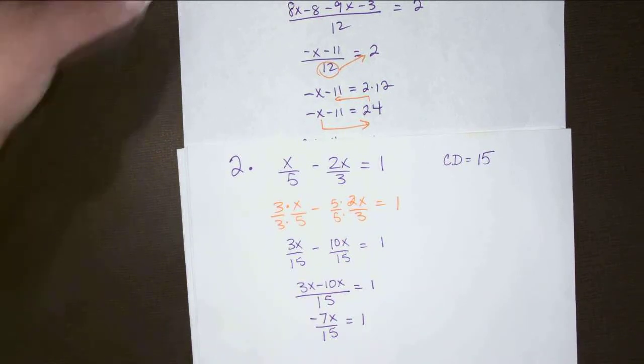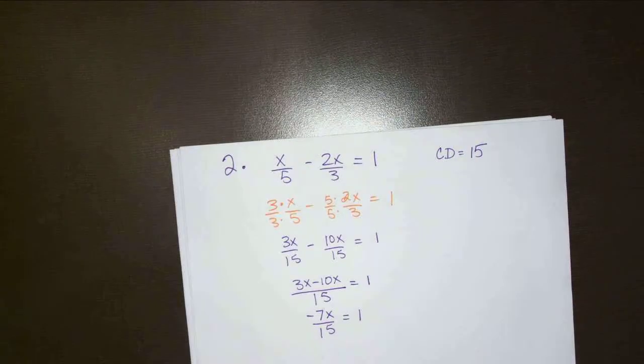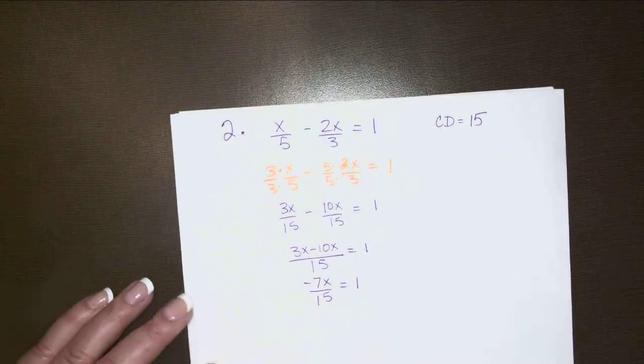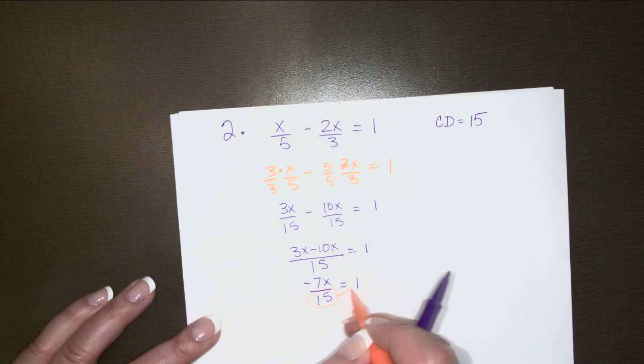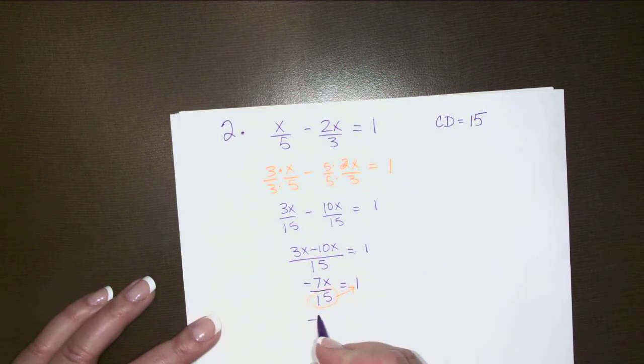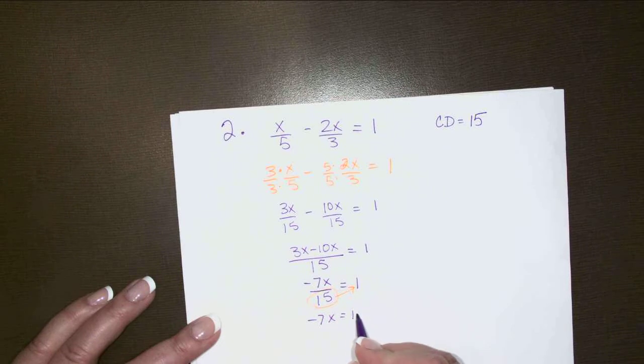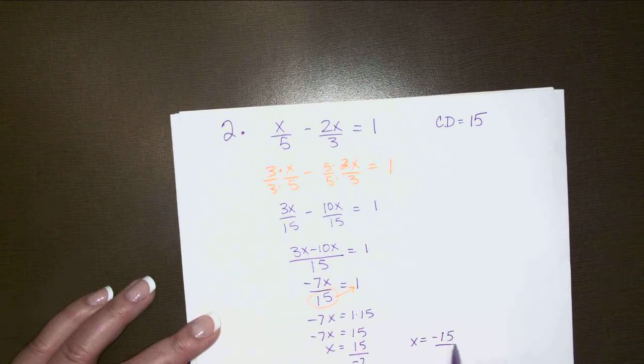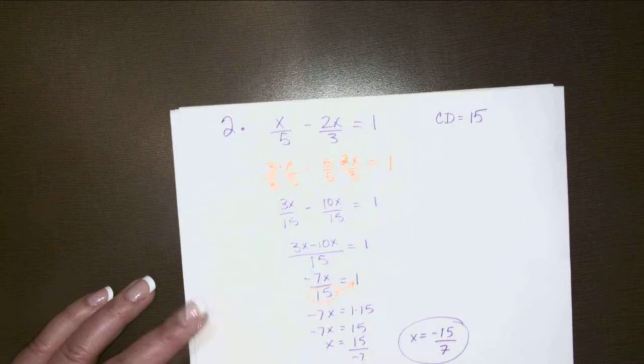There. We have a fraction equals a number, so we can cross multiply. Minus 7x equals 1 times 15. This is fine.